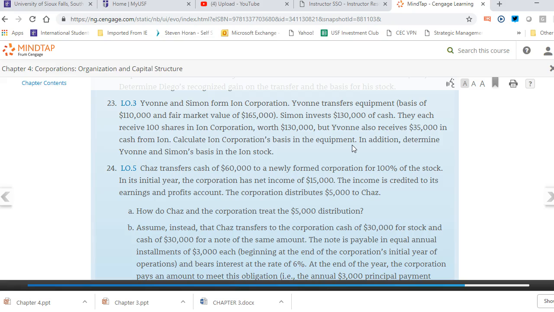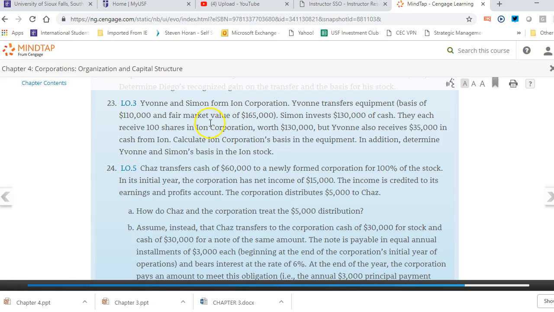So if a partner contributes something to a new company, to a new C Corp, and then in exchange receives some cash back, that's just called boot. And that boot typically is going to kick in something that's taxable. Okay, just FYI. And you can see why they did that, right?